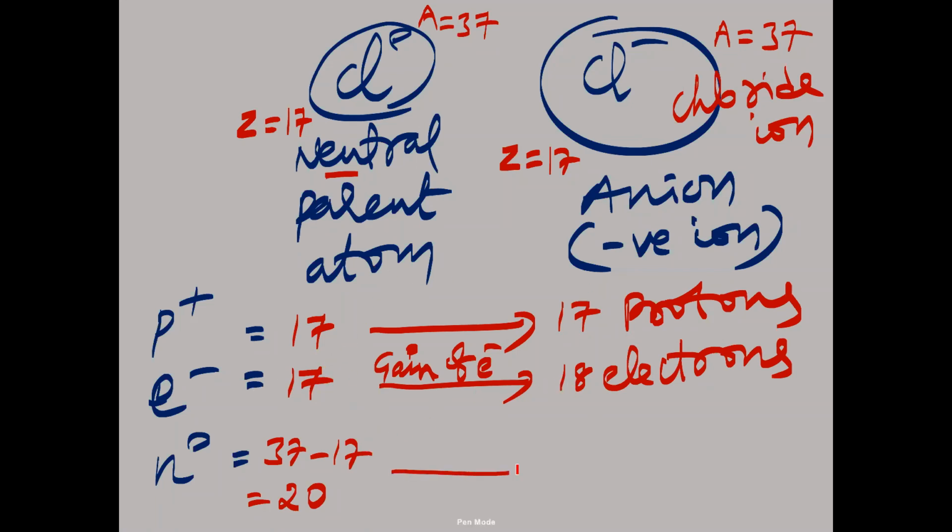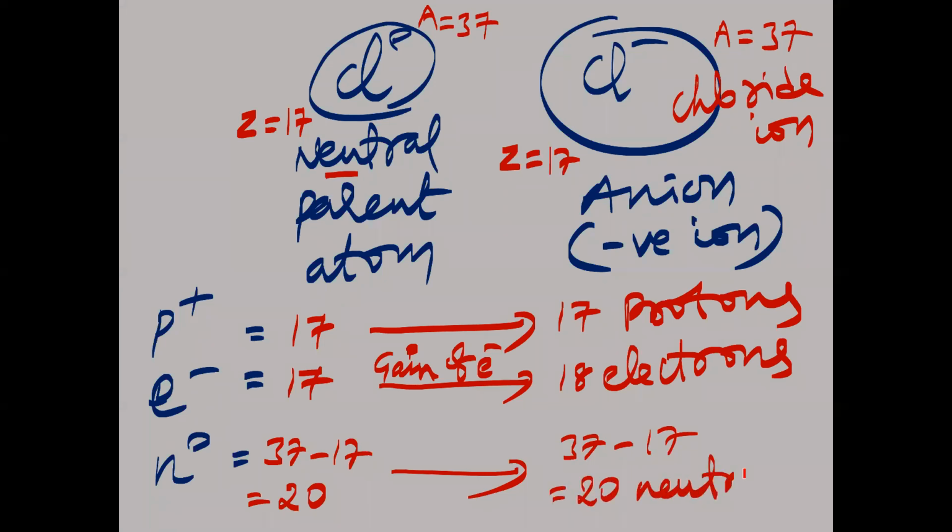Next, the number of neutrons, how much here also? Here also 37 minus 17 only. Mass number 37 and atomic number 17, so again 20 neutrons.